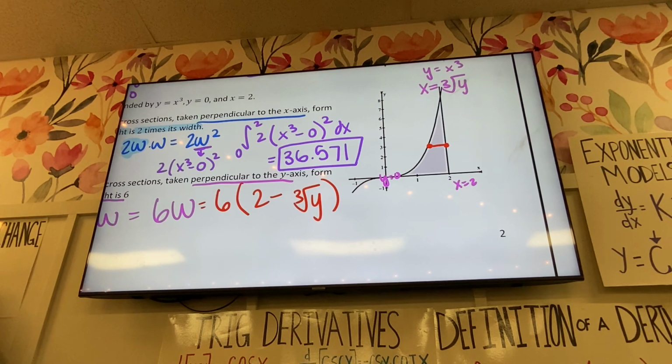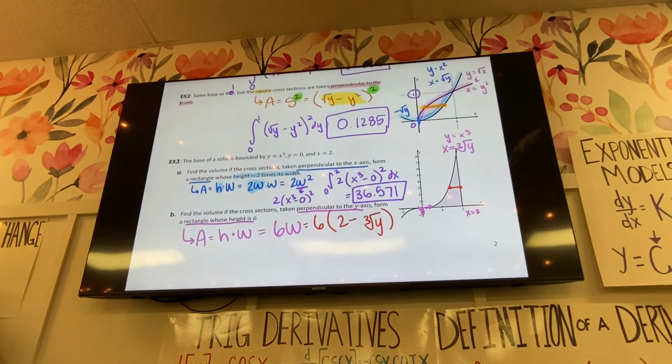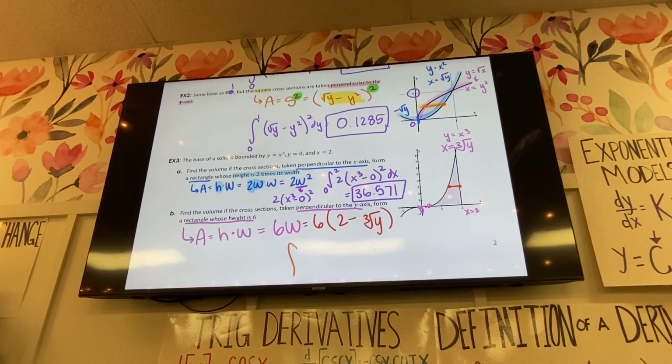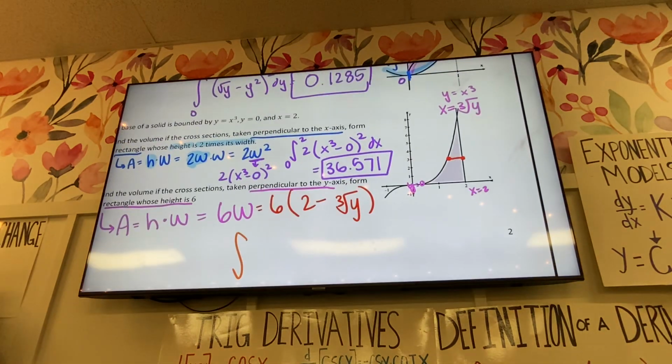The 6 is out there from the equation, and then the w, which is your width, is going to be 2 minus the cube root of y. Once you get your area equation, we can plug it into my integral. What are my integral bounds? 0 to 8, because they have to be y. So 0 to 8, and then 6 times (2 minus cube root of y) dy, which I think is going to give you 24.